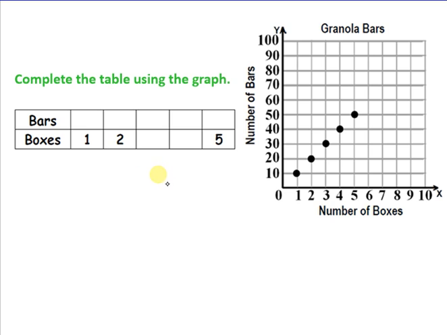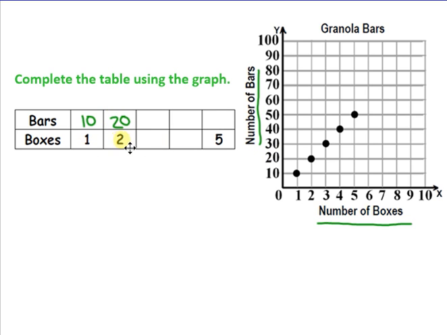Alright, so now we're going to go backwards. We're going to use the graph to complete the table. So if we have one box, and here we have number of boxes, how many bars, number of bars, does that give us? One box, 10 bars. 2 boxes, 20 bars.